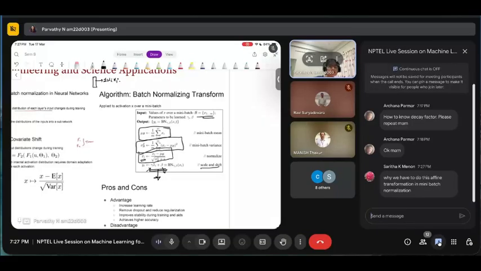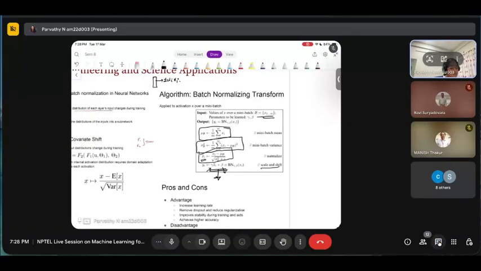So as I told, you do this Wi into xi in each layer. Just like that, this is also doing gamma times the transformed value plus beta. So this is how the algorithm works. It's treated like a separate layer which does the same kind of transformation like Wx plus b, where X is your input.